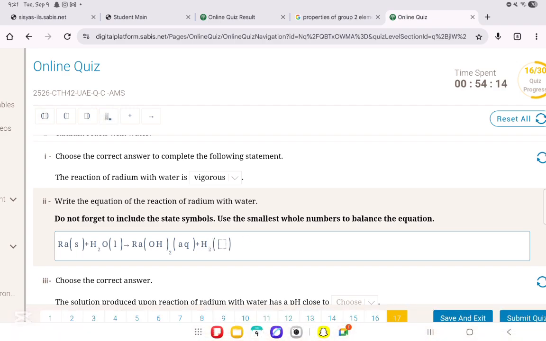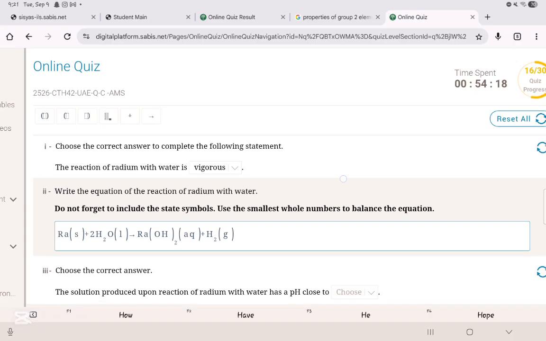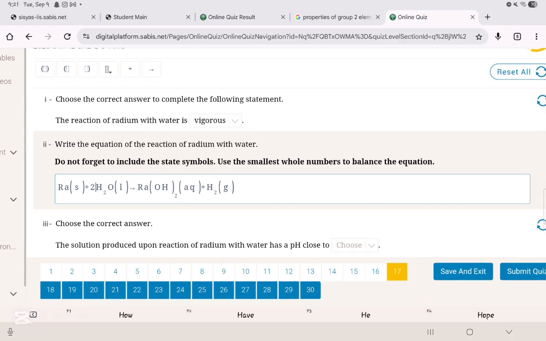Now, you have to balance it by putting a 2 over here. Again, radium, because it's not beryllium and magnesium, is going to react with water as a liquid. So you have to follow the equation, which is metal plus 2H2O liquid gives us metal hydroxide in addition to hydrogen gas.